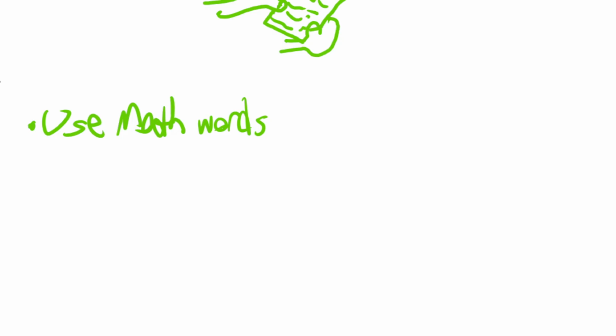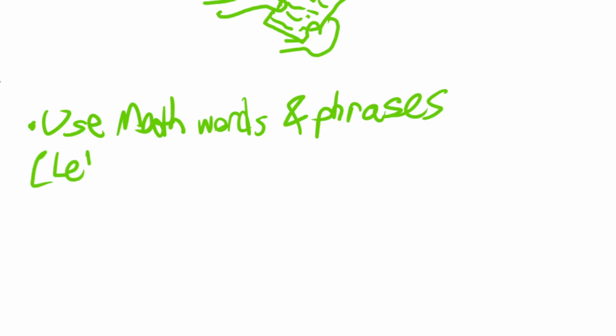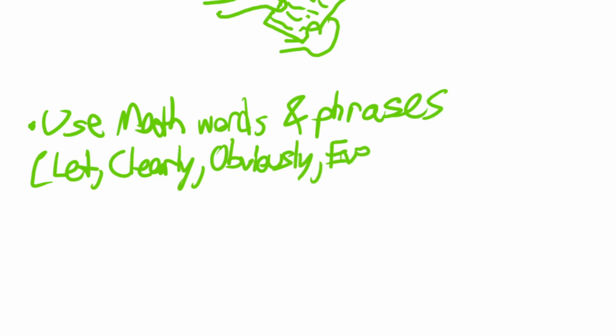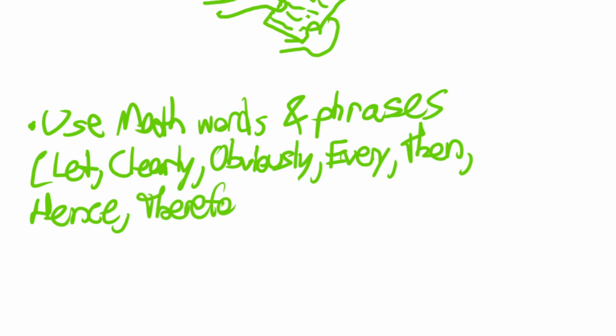So another technique is to use math words and phrases. Some examples are let, clearly, obviously, every, then, hence, therefore, etc. And of course, these words have different uses based on where you are in your proof.